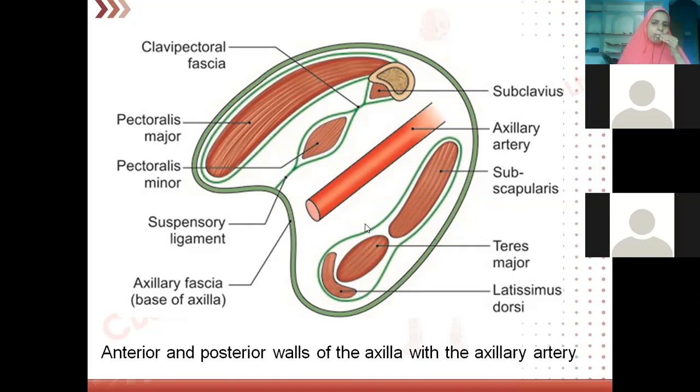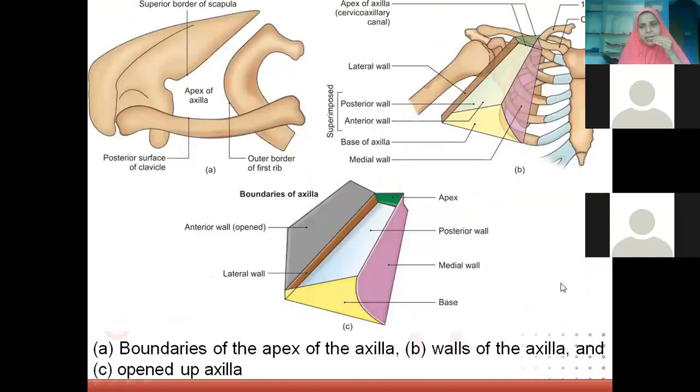Now, by looking into these pictures, we will get one idea. Here we also have a different picture being shown for us to understand better. So axilla is something like a pyramidal space. It is a 3D picture. I told you medially it is formed by the outer border of the first rib, which is shown in violet color. So this is the medial border or medial wall.